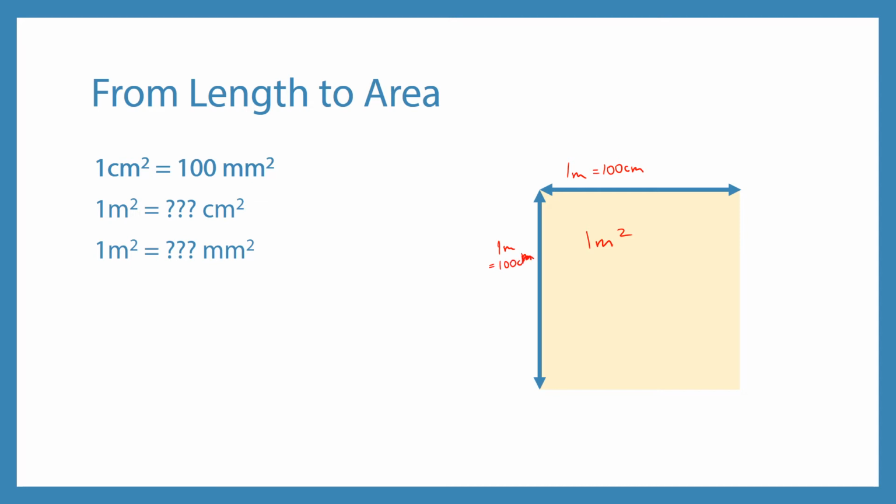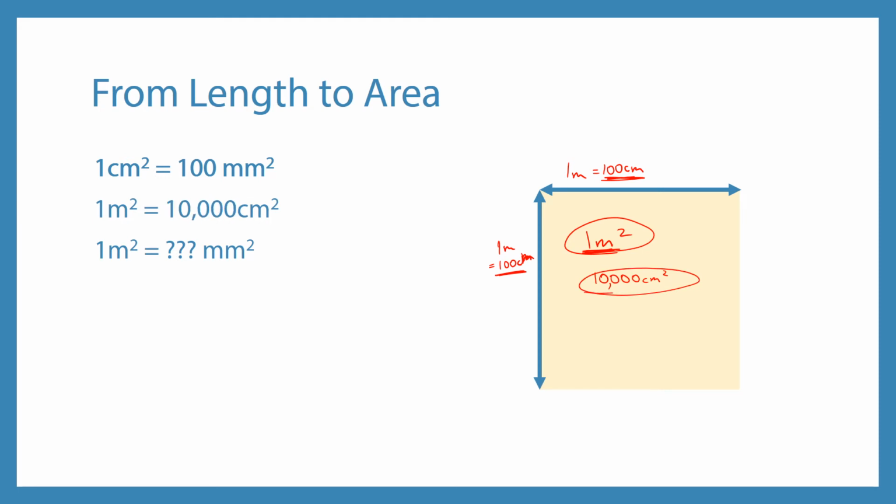So if we have 1 times 1, we get 1 meter squared. If we have 100 centimeters times 100 centimeters, we're going to end up with 4 zeros, because there's 4 in the original. So we end up with 10,000 centimeters squared. So we've just worked out that if we go from 1 meter squared into centimeters squared, we get 10,000 of them.